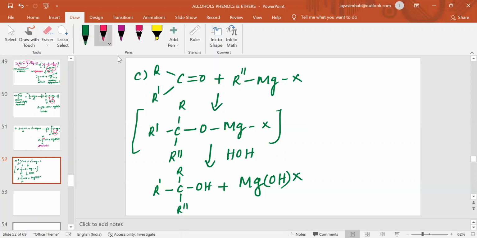This is a tertiary center; the alcoholic carbon is attached to three carbons. So this is the formation of a tertiary alcohol using the Grignard reagent on ketones.